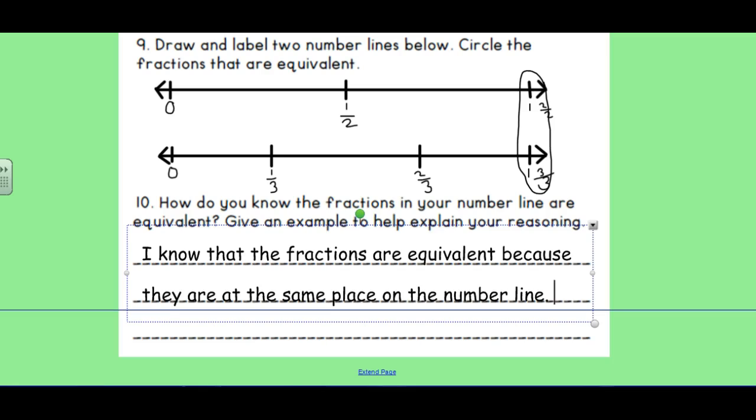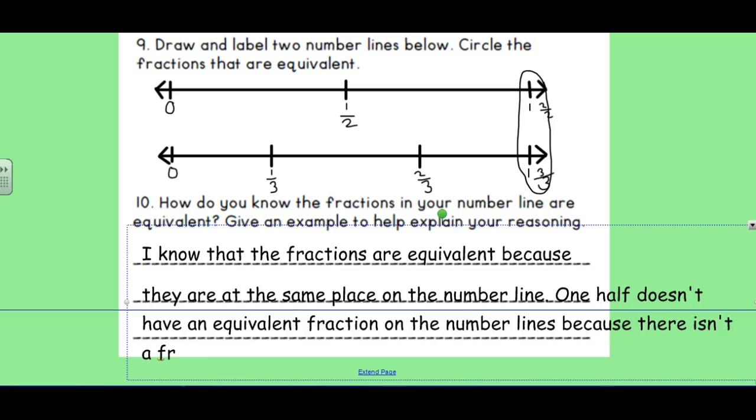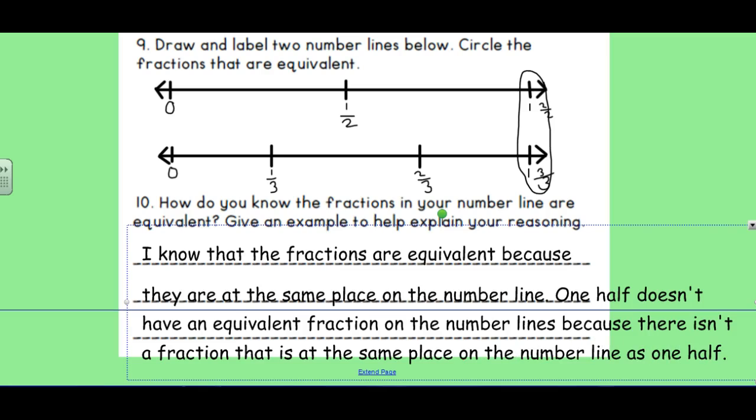So we can say, let's use 1 half. And we can say 1 half doesn't have an equivalent fraction on the number line because there isn't a fraction that is at the same place on the number line as 1 half.